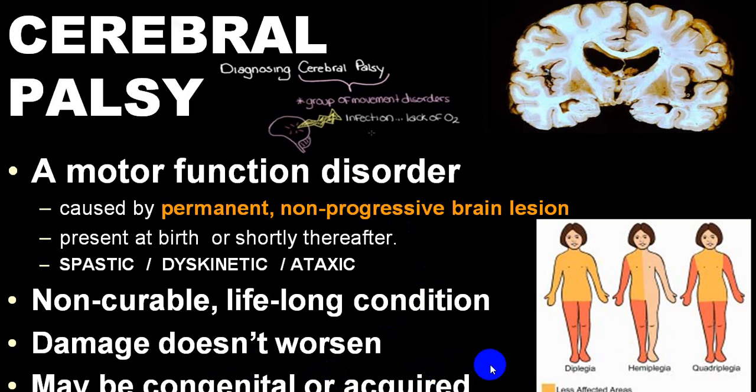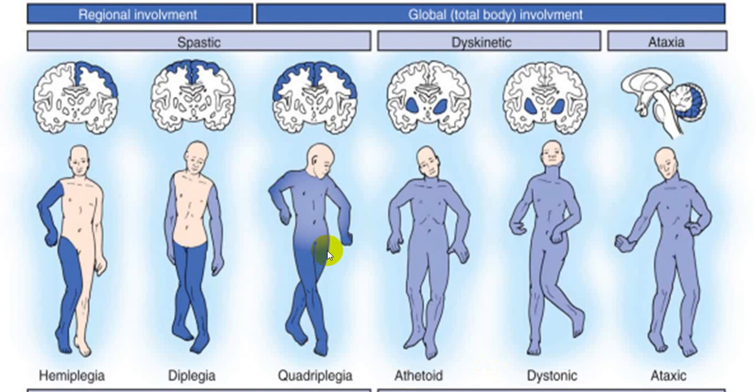And it can be multiple different types of presentation. If upper limb and lower limb of one side are involved, we call it hemiplegic, which can be spastic variety. You can have both upper limb and lower limb involved, where lower limb is more involved as compared to upper limb. We call it a diplegia. And if all four limbs are involved and almost nearly equally involved, we call it quadriplegia, and they will be all spastic variety.